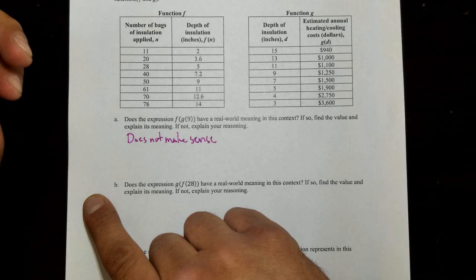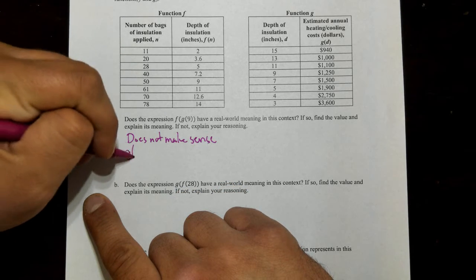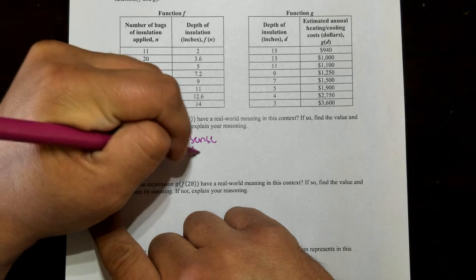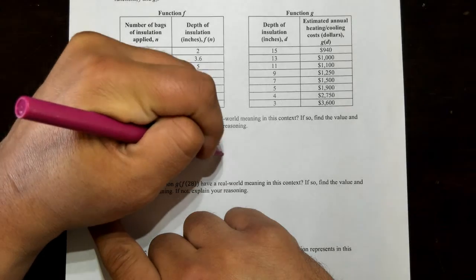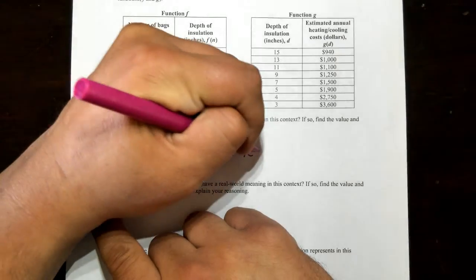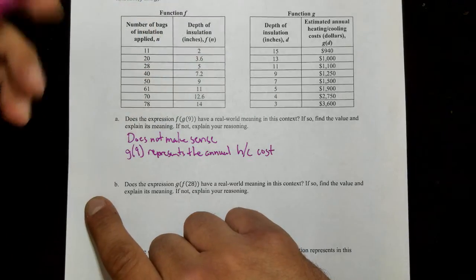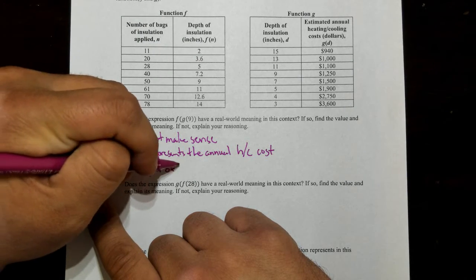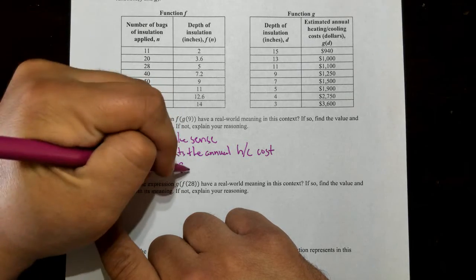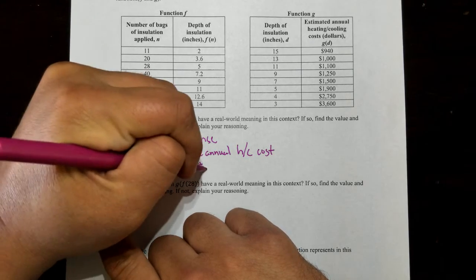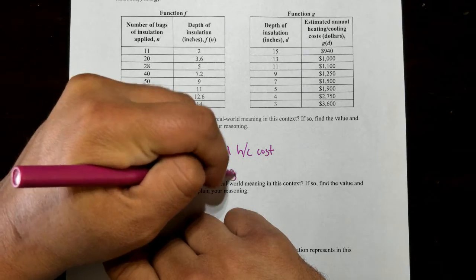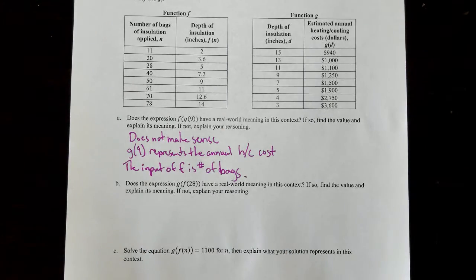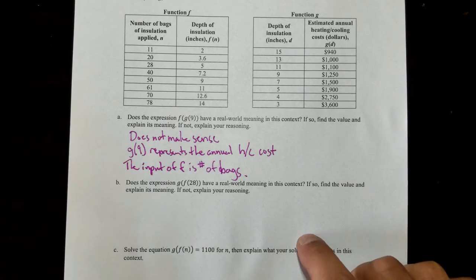We can say that g of 9 represents the annual heating and cooling cost, while the input of f is the number of bags. So there is no real-world meaning here with f of g of 9.